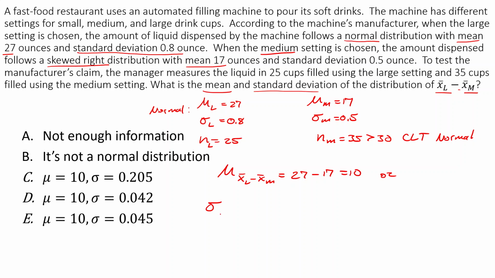All right, the standard deviation for x bar L minus x bar M would be equal to the square root of, let's see, standard deviation 0.8 squared over 25, that's the sample size, plus 0.5 squared over 35, its sample size.